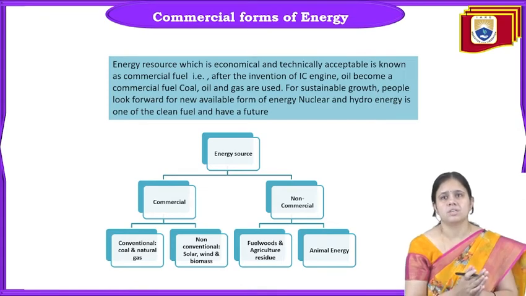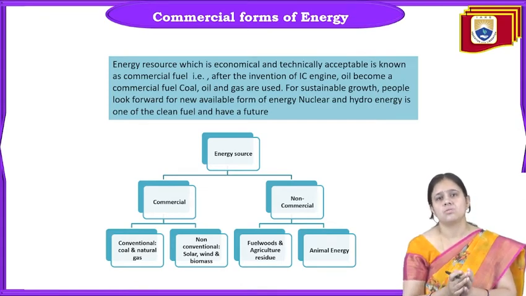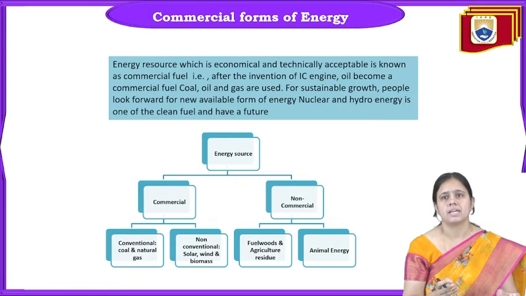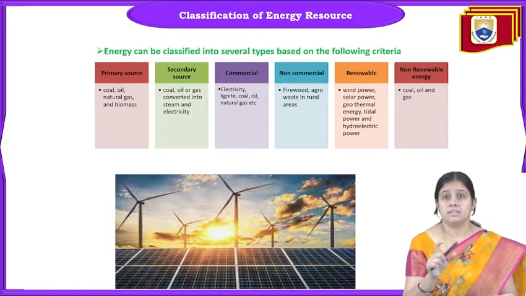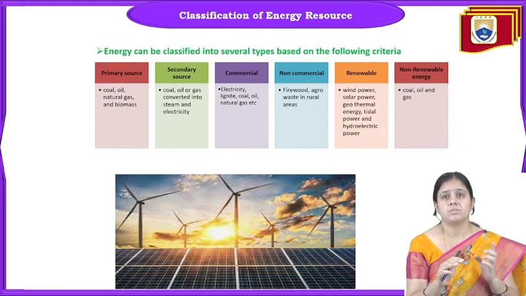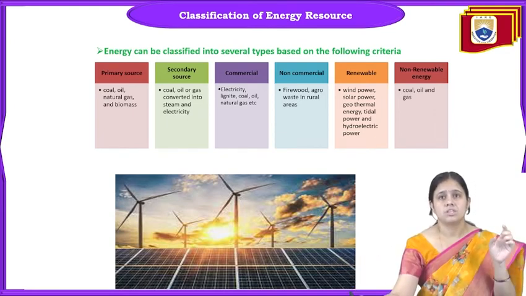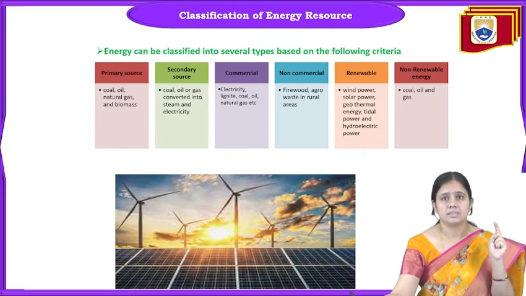So we have to focus on the cleanest sources of energy for the development of the country and the development of people also. Now, we will divide energy resources on the basis of the following categories. First is on the basis of source. On the basis of source, we have divided energy into primary source and secondary source.